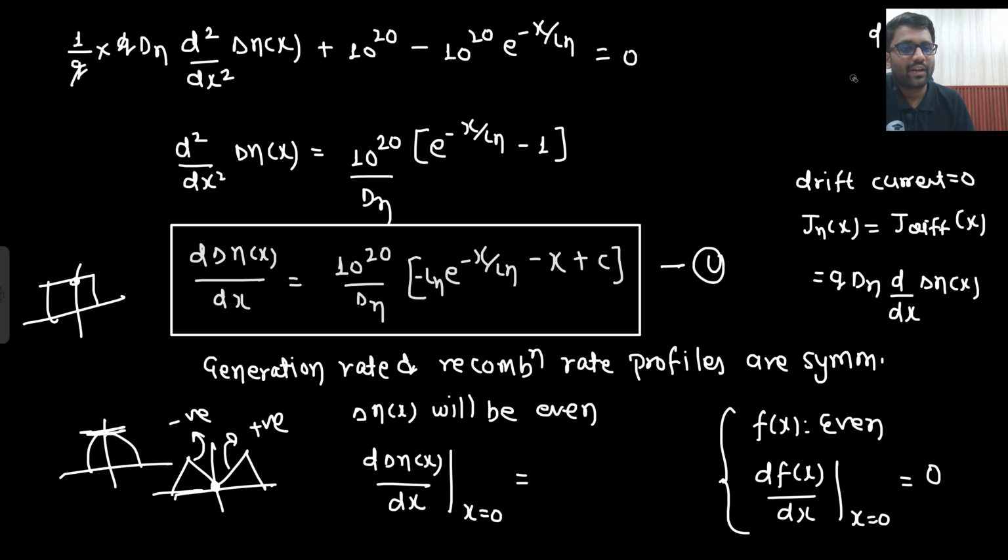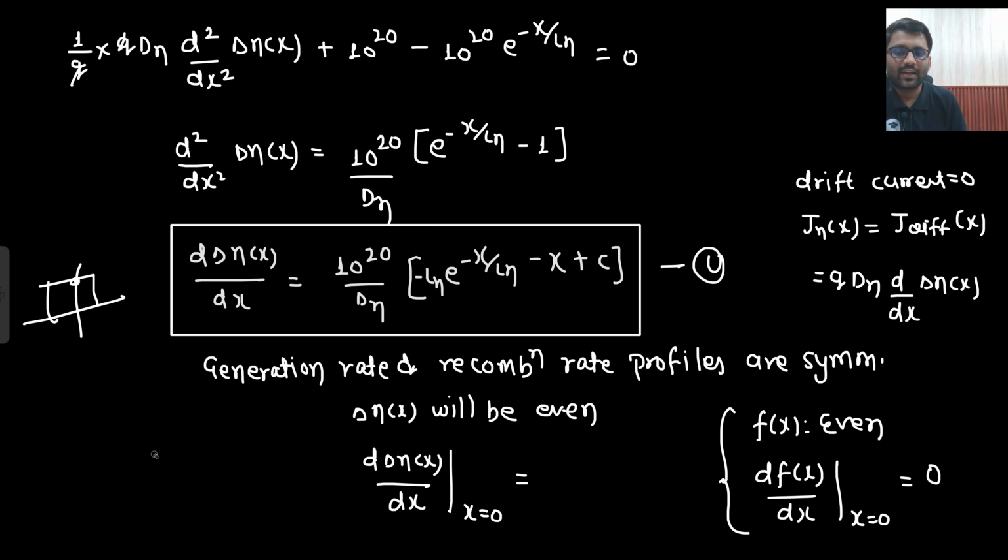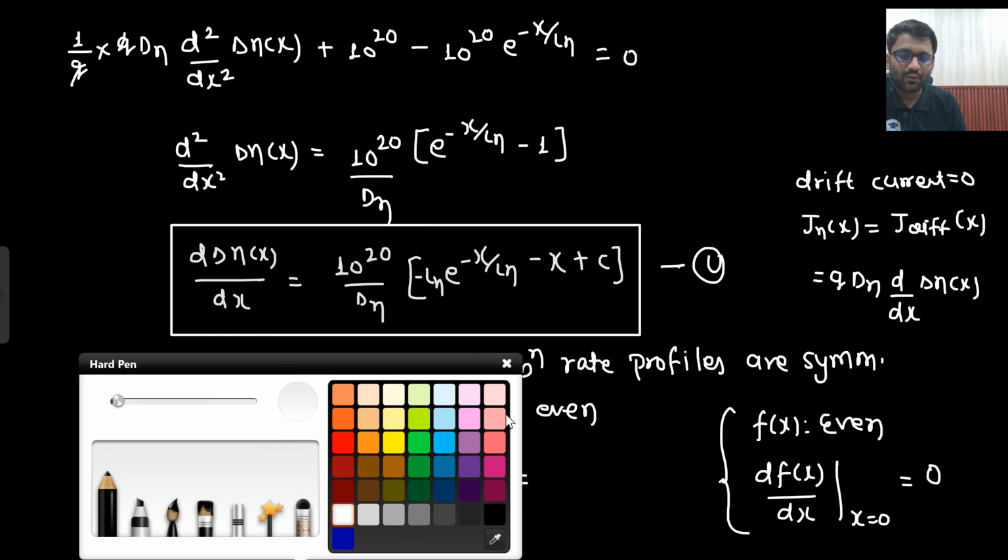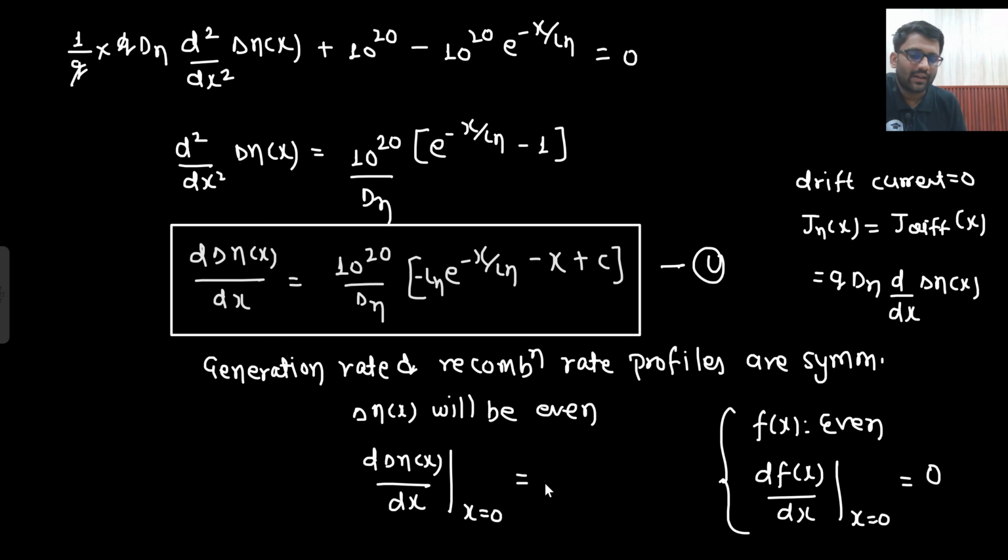So the first boundary condition I have got: the value of this particular function at x equals 0 is 0. So this is equation 2. From equation 1 and 2, I will put x equals 0 here.